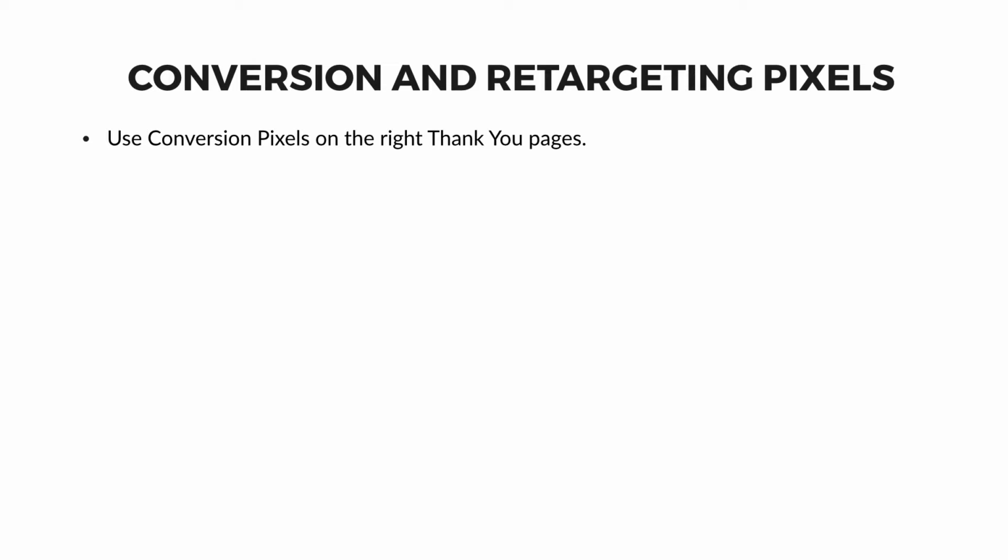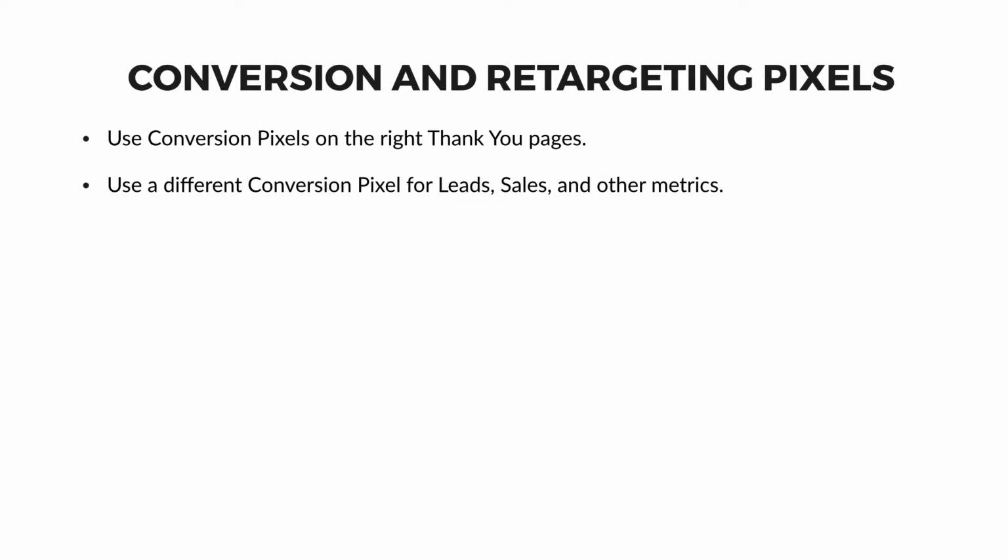How you do it from a cost per lead standpoint, when you're using a program like LeadPages, is create a conversion pixel inside of Facebook, call it a lead, call it a registrant, whatever that person is ultimately doing on your page. And then you place that snippet of code on the thank you page behind your lead page. That way Facebook knows somebody got to that page, which means they've given you their email address, and it counts it as a lead or a conversion or a registration, whatever you're calling it inside of Facebook.